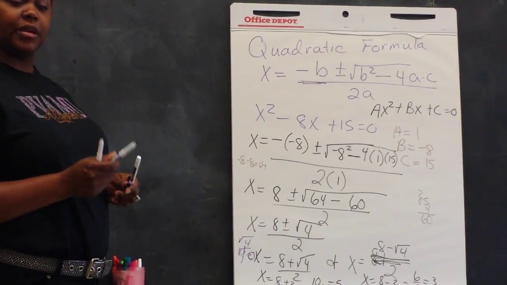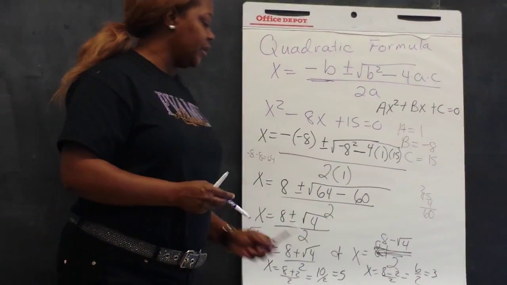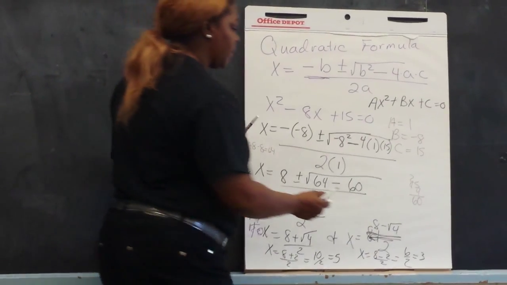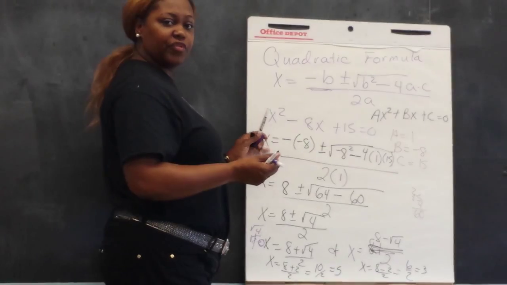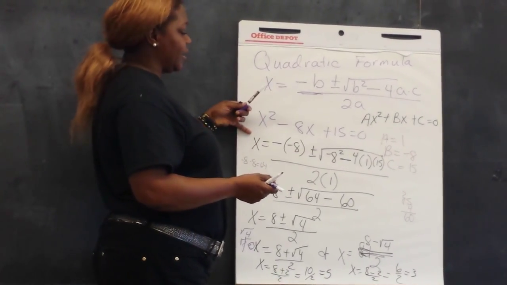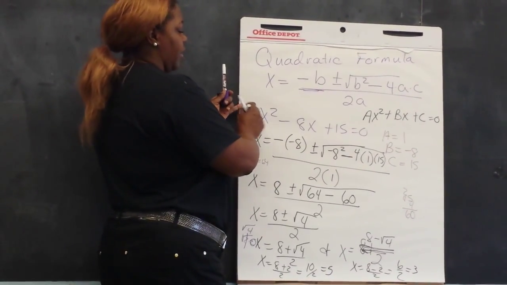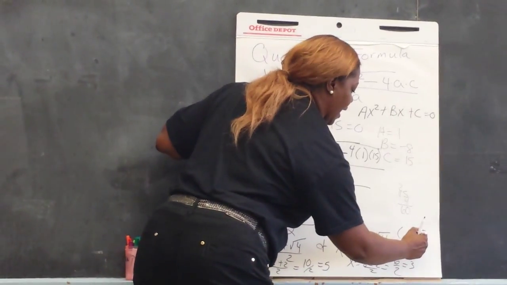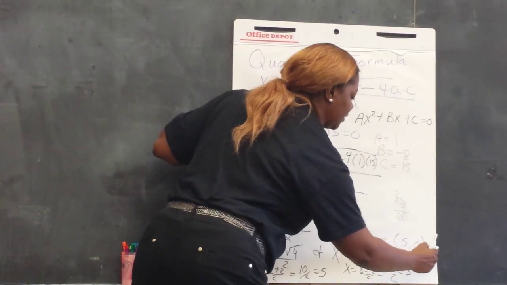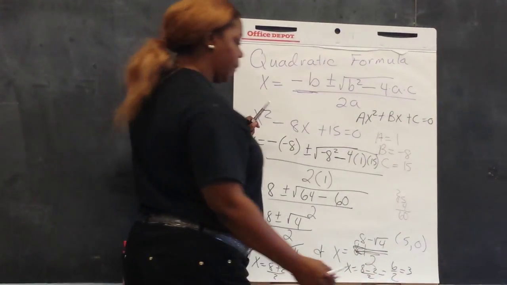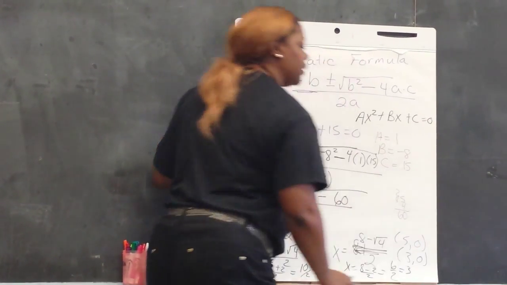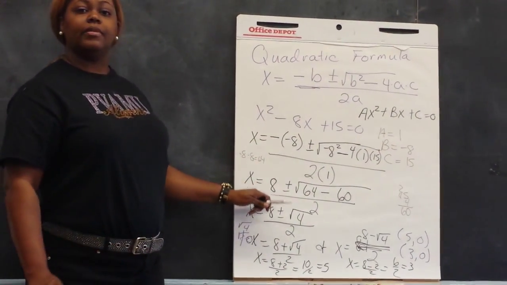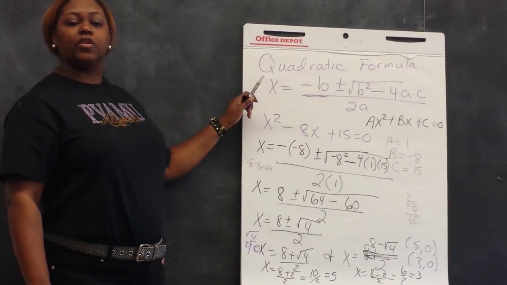My intercepts are 5 and 3. These are the points I will graph, the roots, real numbers, for this particular quadratic equation, x squared minus 8x plus 15. I'll have 5, 0 as one point, and 3, 0 as the other point. That is how you solve using the quadratic formula.